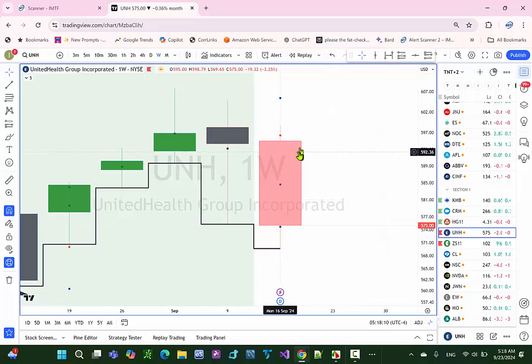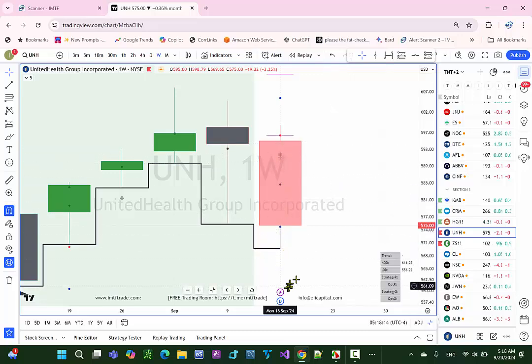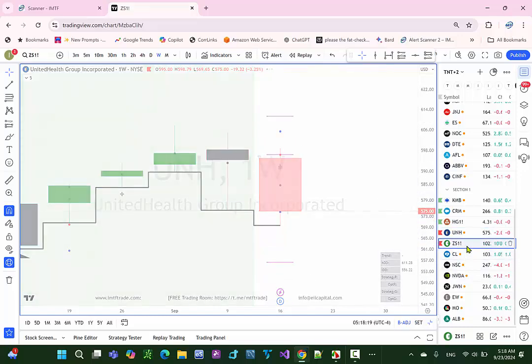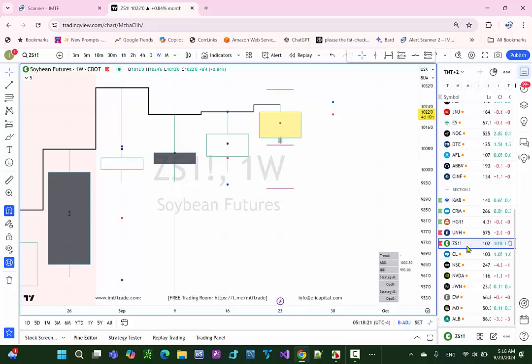UNH here. This was a losing trade. Entered there, didn't quite get to our level to go to break even, so that was a losing trade. And this was a losing trade too, right there, so that was a loss.